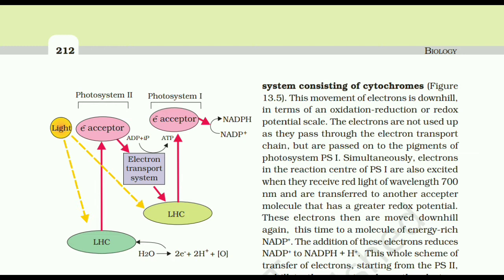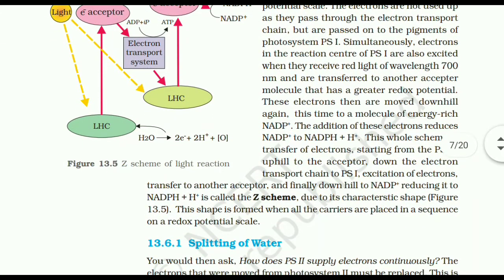Simultaneously, electrons in the reaction center of PS1 are also excited when they receive red light of wavelength 700 nanometer and are transferred to another acceptor molecule that has greater redox potential. These electrons are then moved downhill again, this time to a molecule of energy-rich NADP+. The addition of these electrons reduces NADP+ to NADPH plus H+.